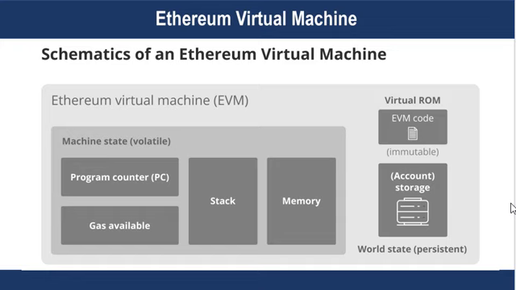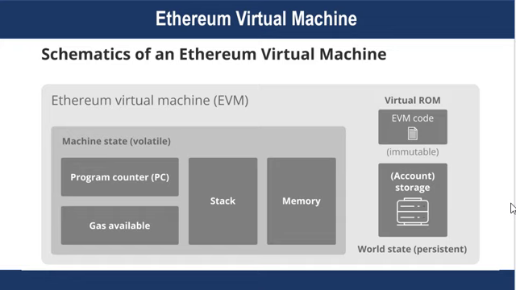The EVM, the Ethereum virtual machine, is a runtime execution environment for smart contracts in Ethereum. It comes with different implementations of the Ethereum client, and each implementation follows the EVM specification.